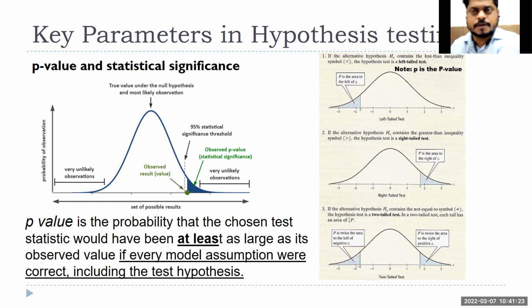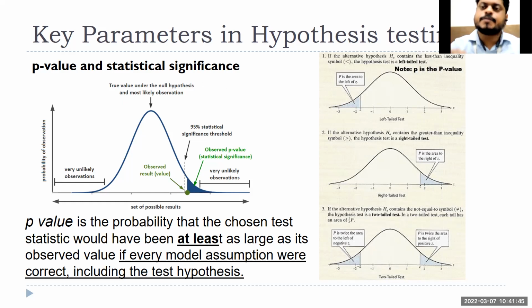Whatever data you collect, here I collected data and got an average height of 6.4 inch. If I believe that my null hypothesis is true, that means the average height is less than or equal to 5.8 inch, what is the probability of getting a value as large as or greater than 6.4 inch?